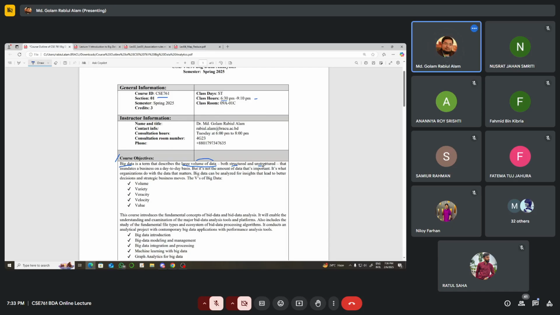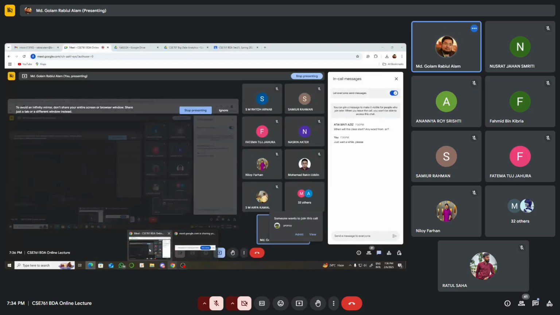So what is structured data? Structured data means that the data is produced based on some structure, or we can say we can develop or store those data based on some structure. That is usually what we call structured data sources.